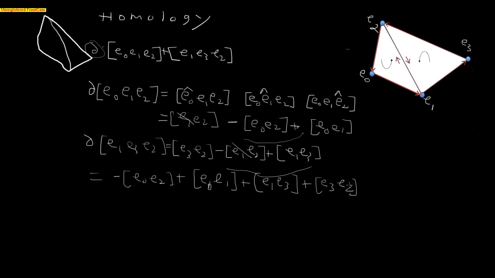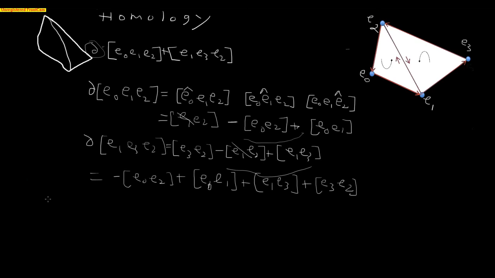And let's see what that gives us. You have minus [E0, E2] here, which means it's really like going from E2 to E0. So let's start going from E2 to E0. Then you have E0 E1, E1 E3, and this is E3 E2, right? So essentially we have this boundary, which is also expected. So the algebra works nicely. The sum of the boundaries is the boundary of the trapezoid.